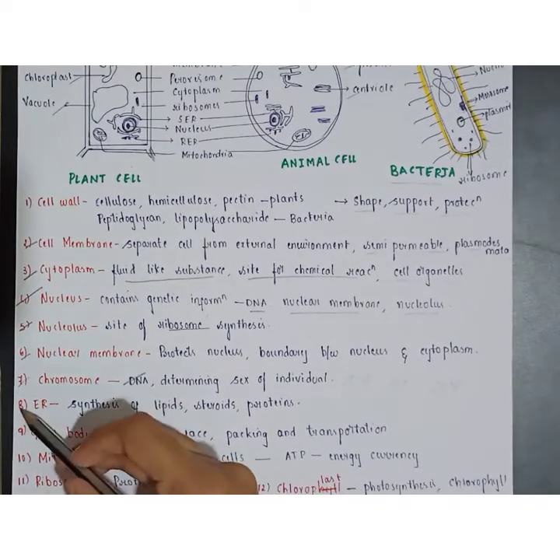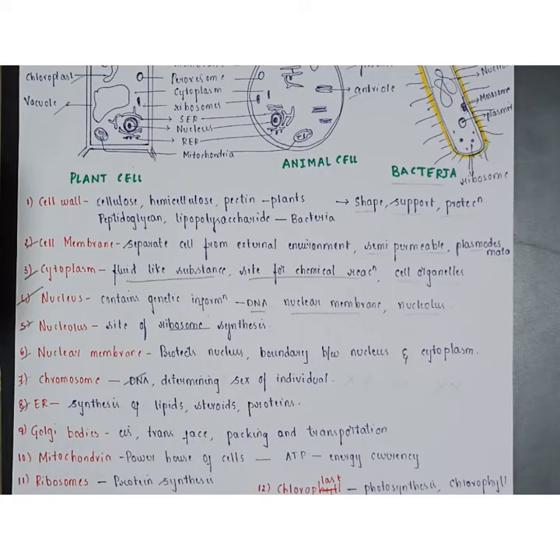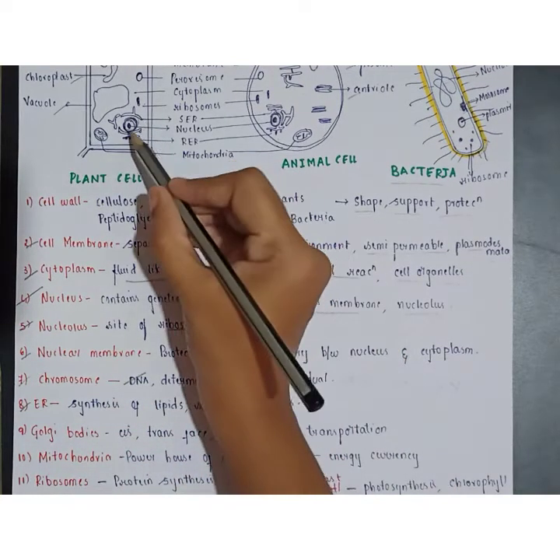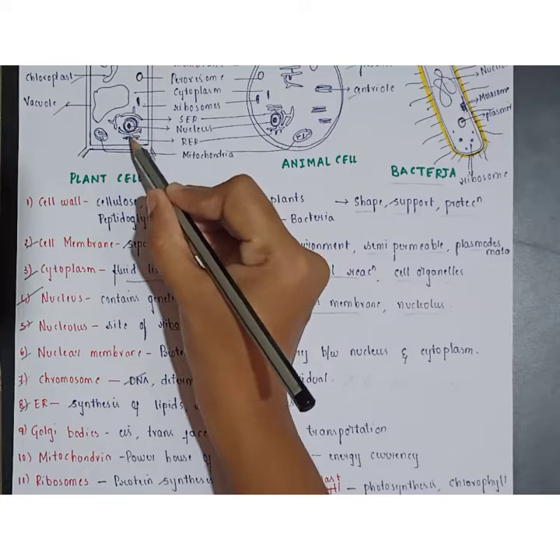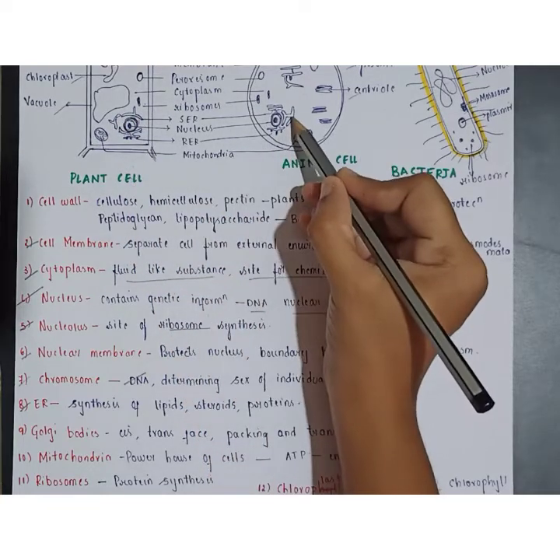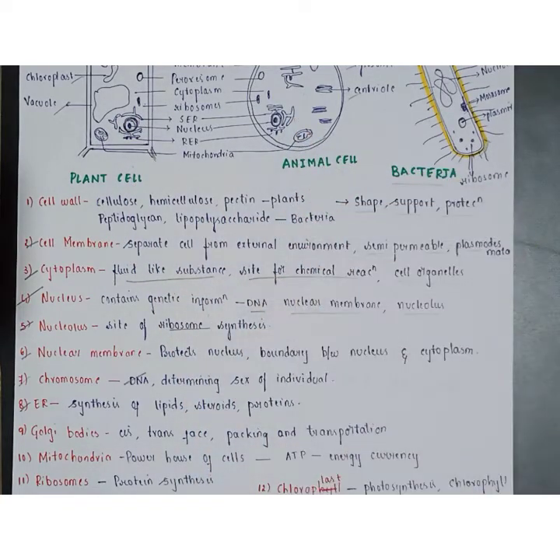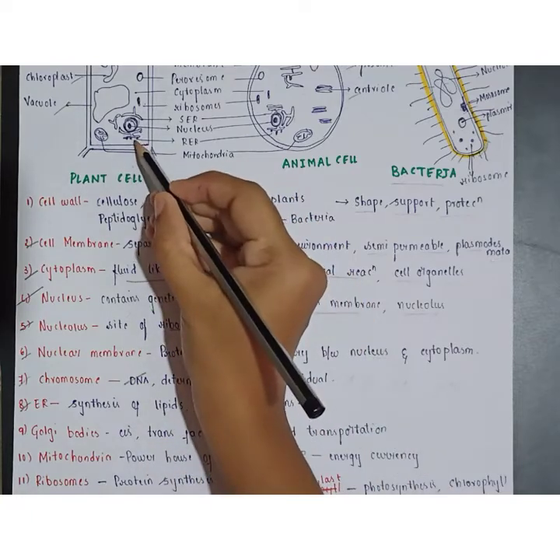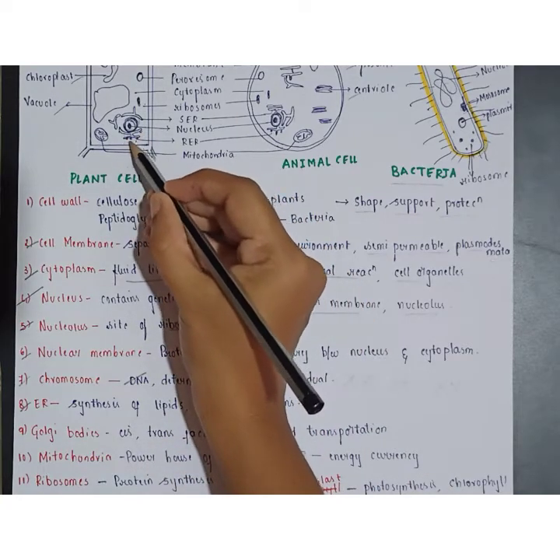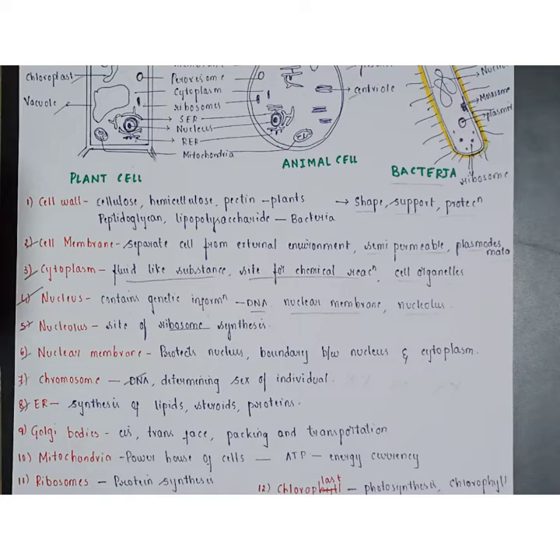And the next one is the endoplasmic reticulum. Around the nucleus we can see thread-like structures. These thread-like structures are called endoplasmic reticulum. If ribosomes are present around the endoplasmic reticulum, it appears rough, hence it is called rough endoplasmic reticulum.